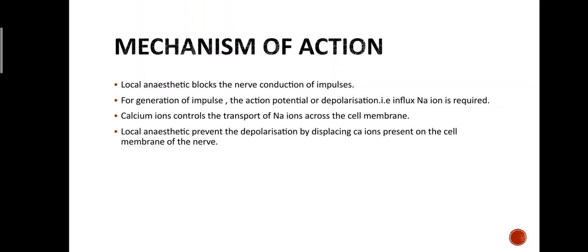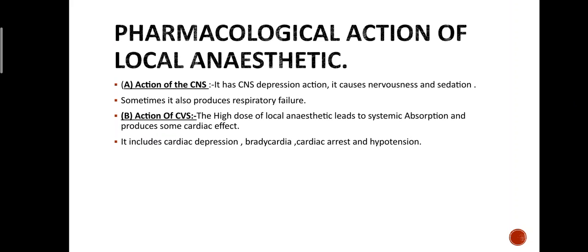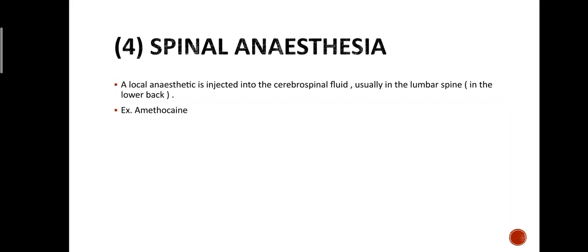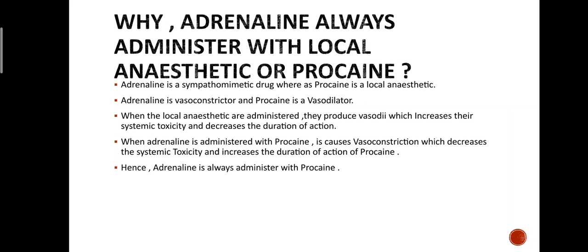Mechanism of action. Pharmacological action of local anesthetics: action on the CNS and action on the CVS. Methods or techniques used for producing local anesthesia: generally five methods, which are surface anesthesia, infiltration anesthesia, epidural anesthesia, spinal anesthesia, and field block anesthesia. And this reason is very important for today's topic: why adrenaline is always administered with the local anesthetic or procaine.